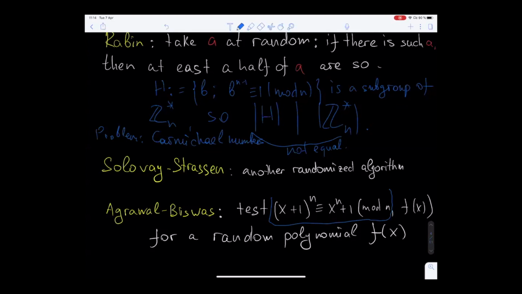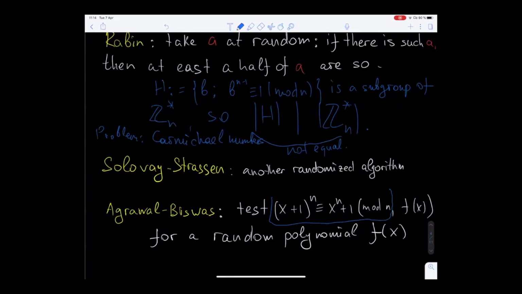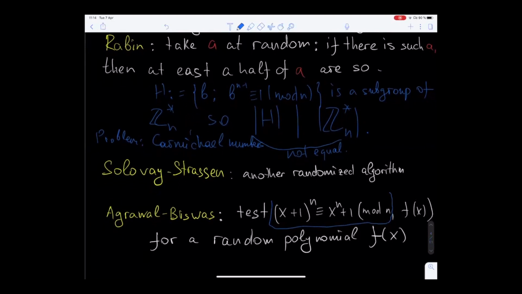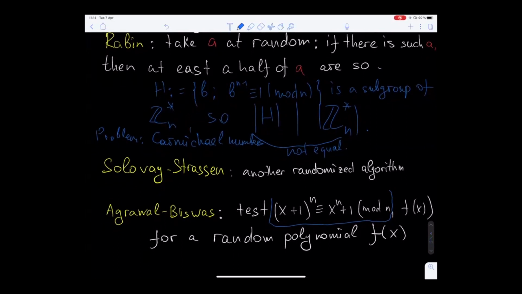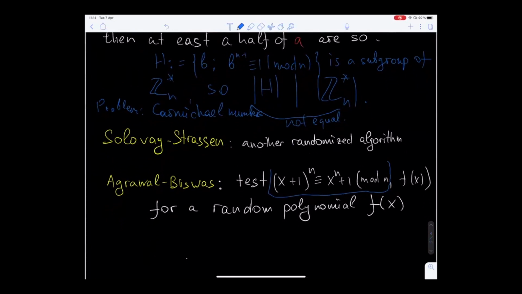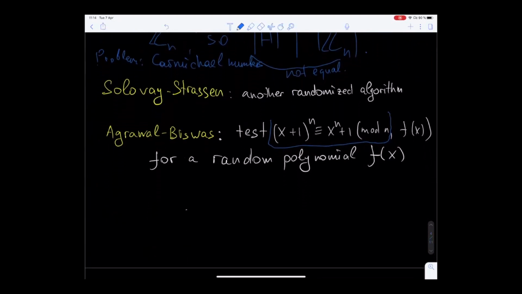Unlike in the case of Fermat's theorem, if we want to de-randomize it, we need some very heavy tools. And in this case, it turned out that you can just de-randomize it without using any conditional results.